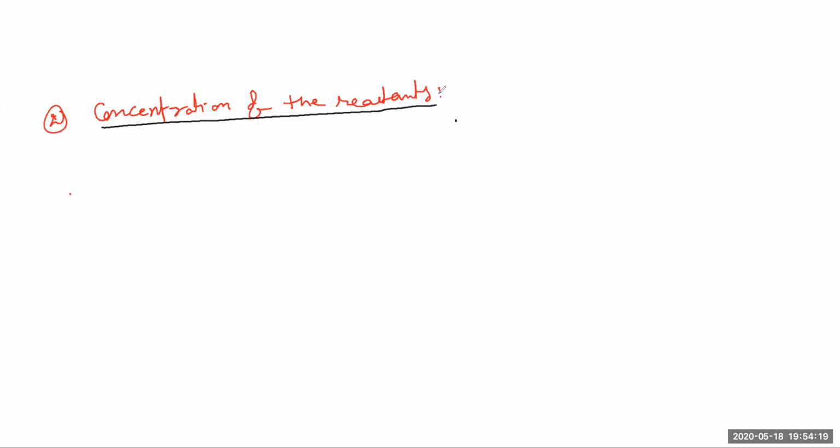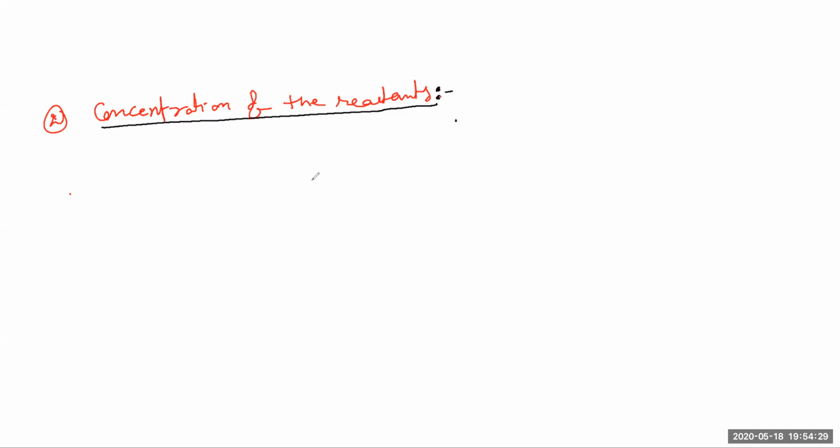Next, the concentration of the reactants. What is meant by concentration of the reactants?